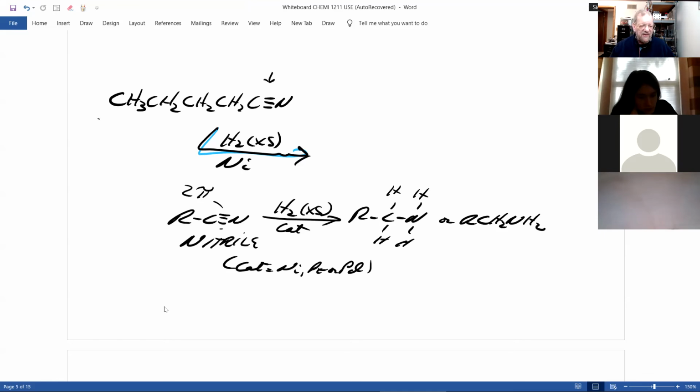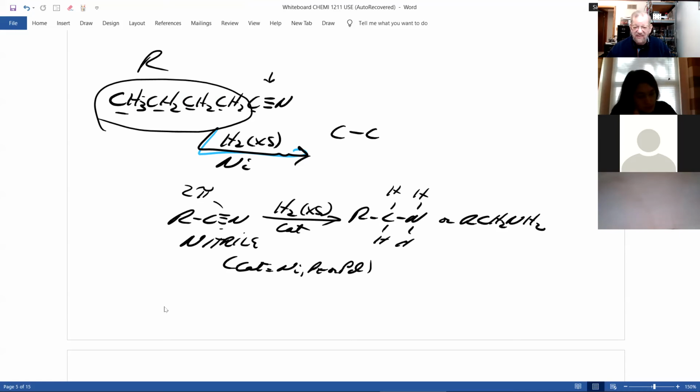Well, what's my R group? This. And do you break carbon-carbon single bonds? No. So I have 1, 2, 3, 4, plus this carbon, 5. So I'm going to have 5 carbons. I'm still going to have my nitrogen.